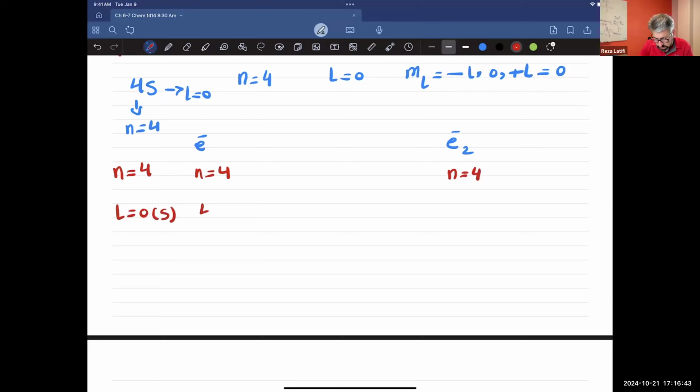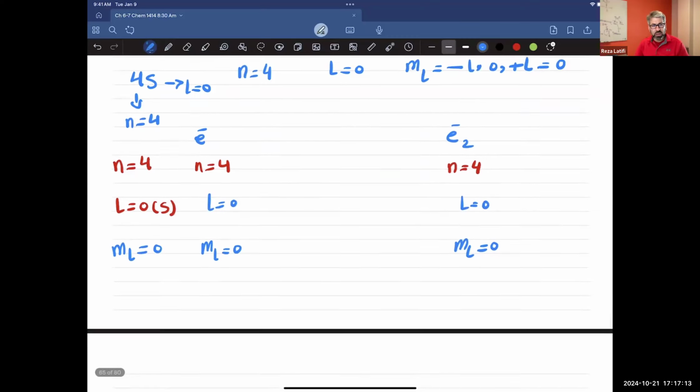So I go inside the 4s orbital, inside the 4s orbital. Next, I'm going to use ML equal to 0. That means our orbital will be spherical. So again, we get ML equal to 0, ML equal to 0. Three of these quantum numbers are identical. So instead of 4s, I can easily say L equals 0, L equals 0.